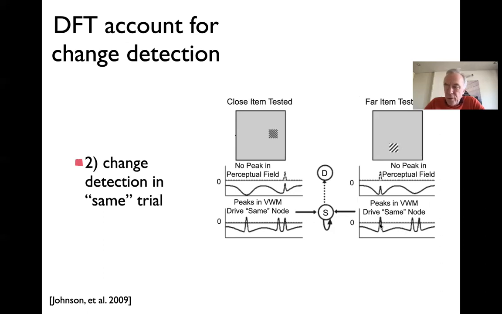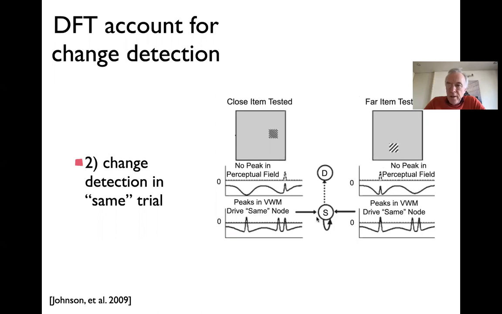When you're using one that's very far, this is the memory peak that inhibits the change layer this much, and you are able to induce a peak here only if you shift this quite a bit or have much more amplitude to get another peak out of this.